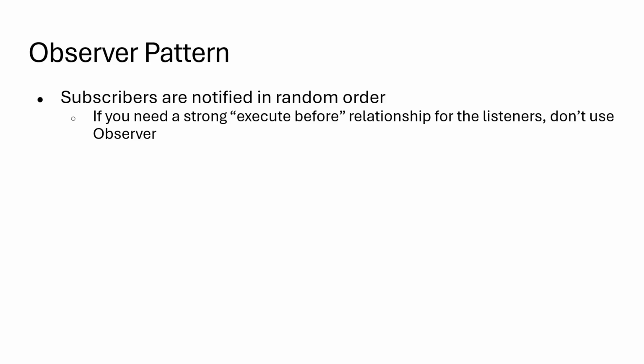I don't know how it works, but it's notified in random order. So if you actually need a strong executed-before relationship between two different actions that listen to the same event, then you can't use them. You still need to directly invoke these.